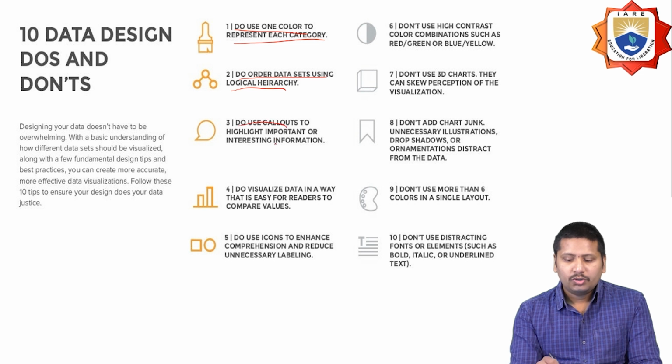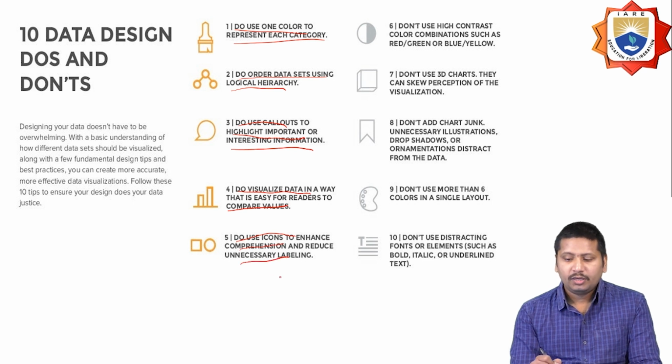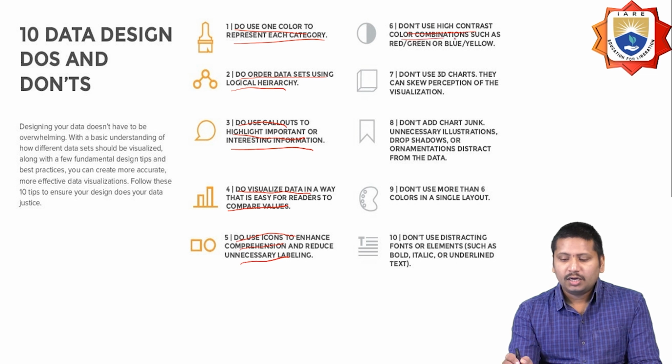And do use callouts to highlight important or interesting information. Do visualize the data in a way that makes it easy for readers to compare the values. Do use icons to enhance comprehension and reduce unnecessary labeling. Don't use high contrast color combinations such as red, green, and blue, and don't use 3D charts.